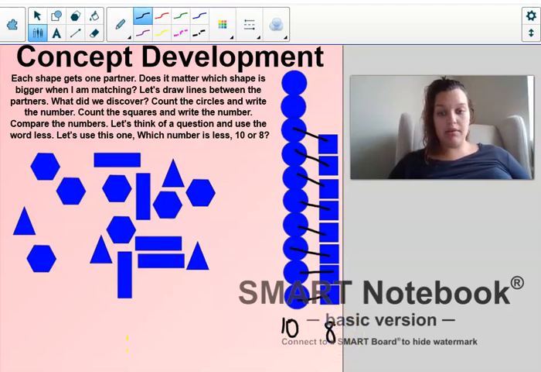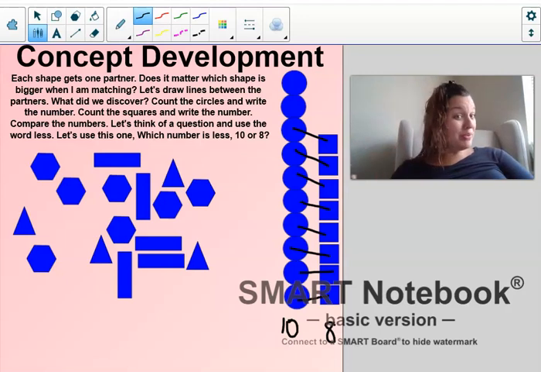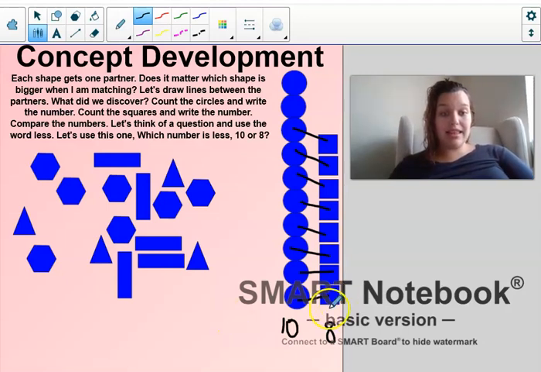Great job. So which shape do we have less of? Do we have less circles or squares? We have less squares, okay? So that tells us that 8 is less than 10.